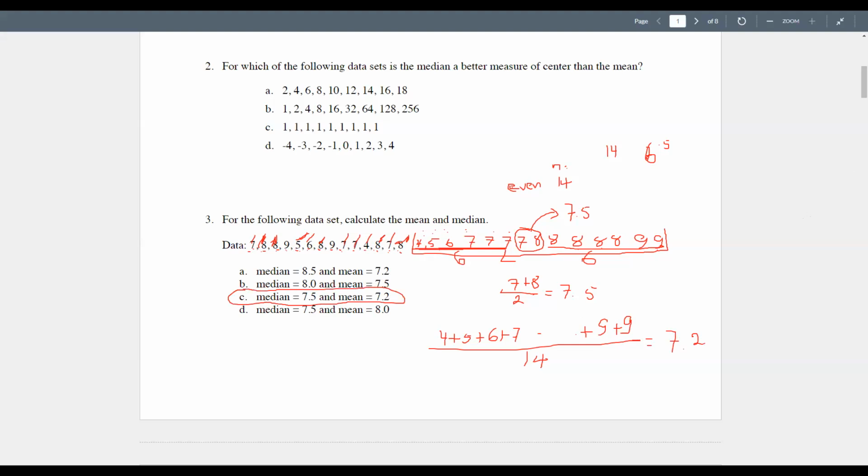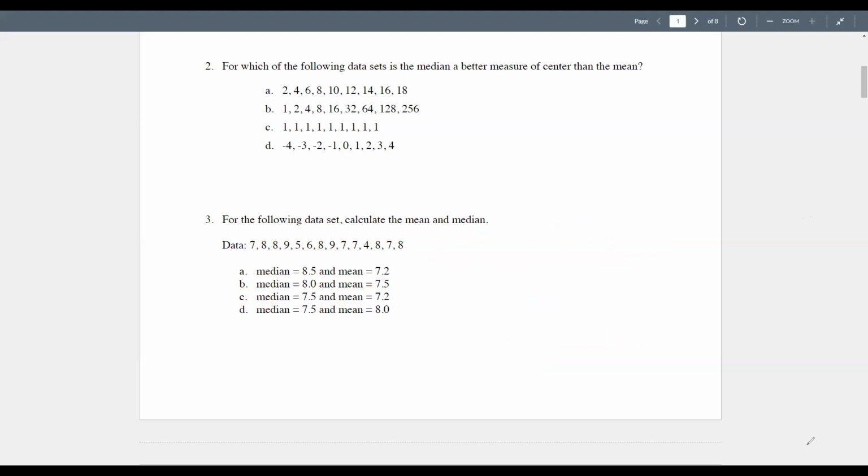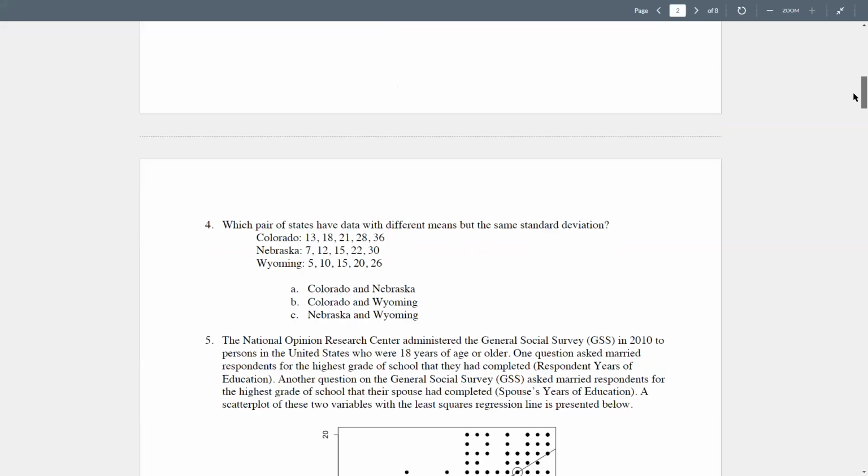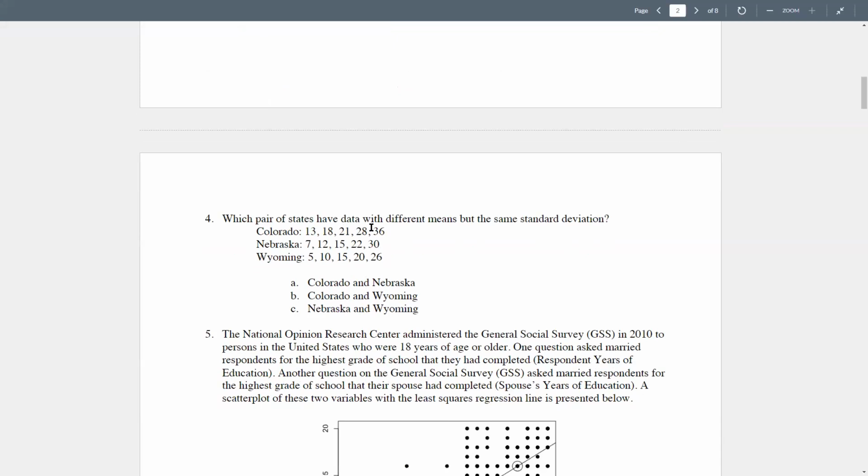All right, and so on. Let's see, clear that. I'm gonna keep all the drawing now so I can look at the next part. And then here, this one says which of the sets have different means but the same standard deviation.